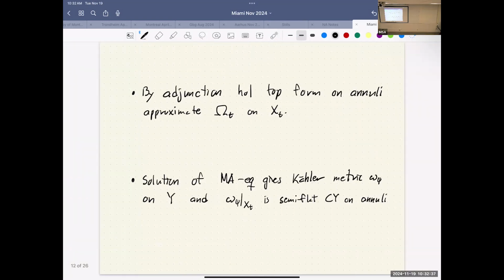Secondly, which I didn't talk about yesterday, at least not explicitly, is that by adjunction you can write these holomorphic top forms on the Calabi-Yau, and they are approximated by the holomorphic top form on the annuli.